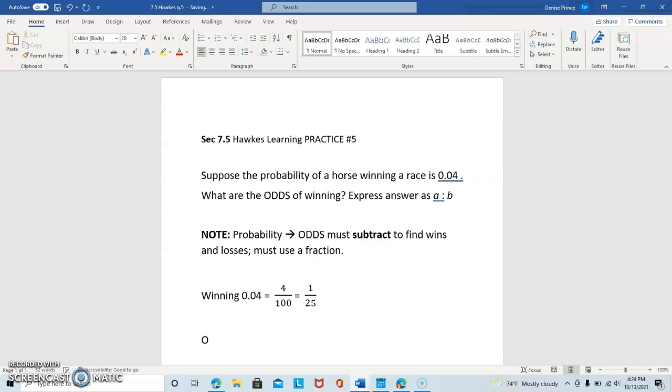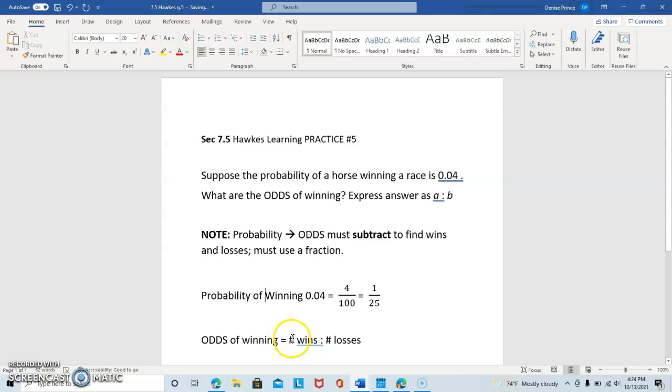So, odds of winning are equal to the number of wins compared to the number of losses. Odds are different from probability.